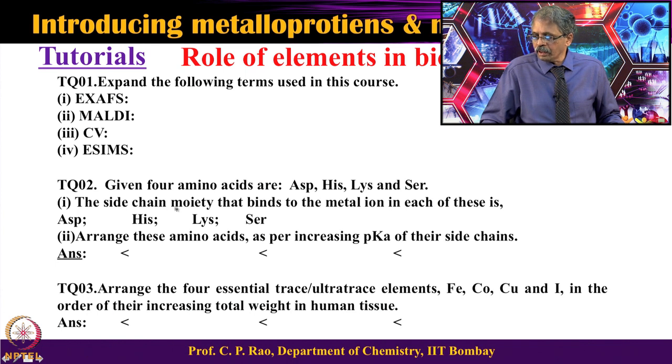How will one know this? If you know the side chains. So, how will you know the side chains? You need to familiarize yourself. If you familiarize yourself with the side chains of at least about 10 amino acids, half a dozen definitely, it will be very nice.